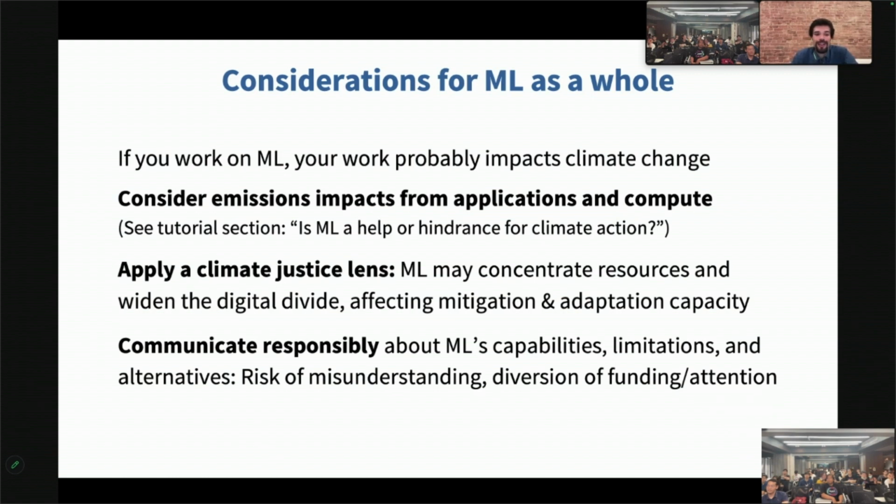So it's important we're honest and humble in our communication about the capabilities and limitations of technology in order to avoid diverting attention from other approaches to climate change that may be less flashy, right? We don't want to have machine learning be seen as the savior and direct all the attention from better or lower hanging fruit when it comes to climate action. Sometimes machine learning is relevant, but it's not going to save us.